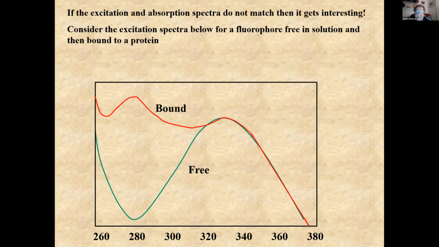And that's because the protein, the tryptophans, for example, and the tyrosine, we'll learn more later, can absorb light in the UV at 280, for example. And if it's situated where it can transfer the energy to the fluorophore, you would then excite the fluorescence of the fluorophore even when you're going at 280 nanometers. So this is why we often look at excitation spectra to see if we get information about these types of processes.